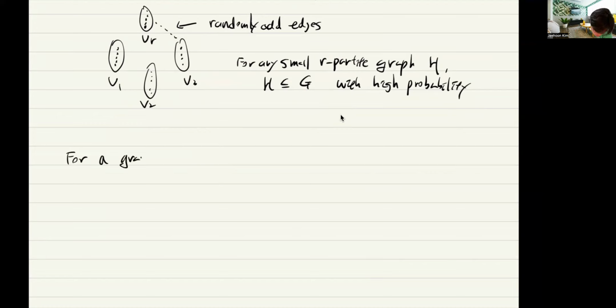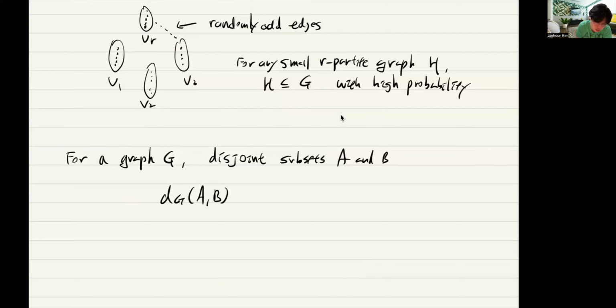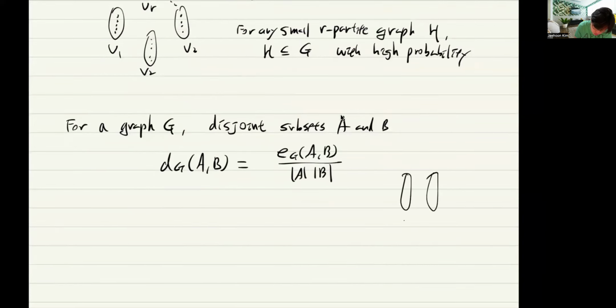Let's say you have a graph G, and disjoint subsets A and B. Let's write the density between A and B as the number of edges between them divided by the size of A times the size of B. So you have A and B, disjoint subsets, and the maximum number of edges between them is this on the bottom, and this is the actual number of edges.